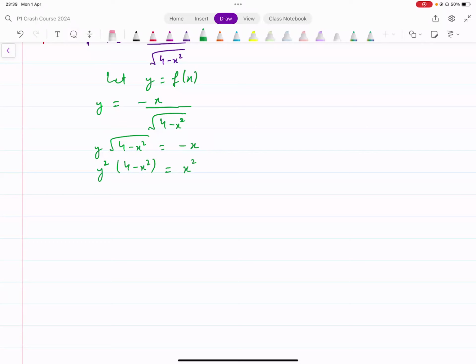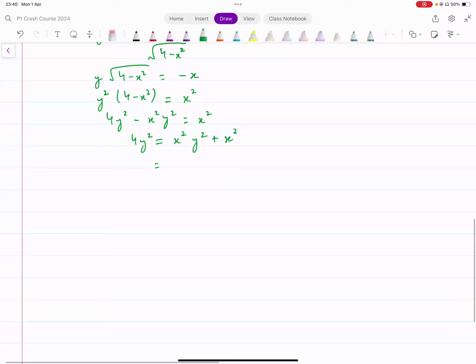Now let's simplify this. This gives you 4y squared minus x squared y squared equals x squared. Take the x terms to one side. So you can say this is x squared y squared plus x squared, and on the other side, you've got 4y squared. Now you take x squared common.